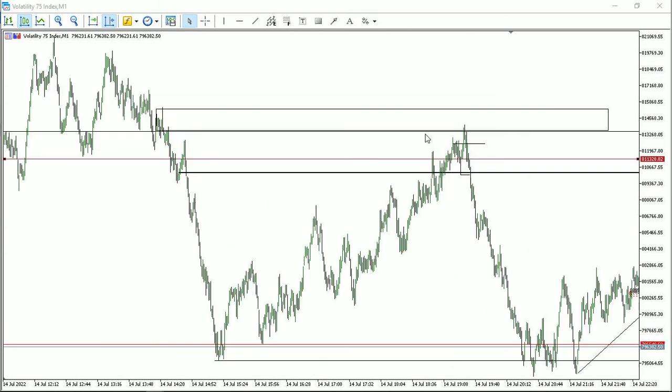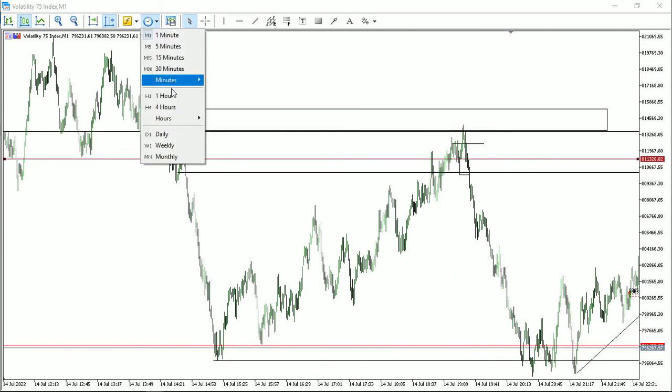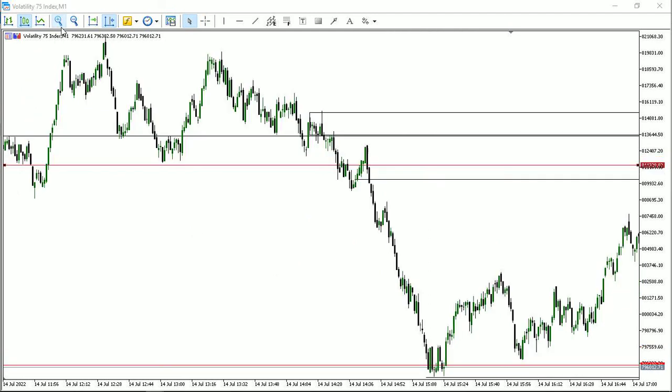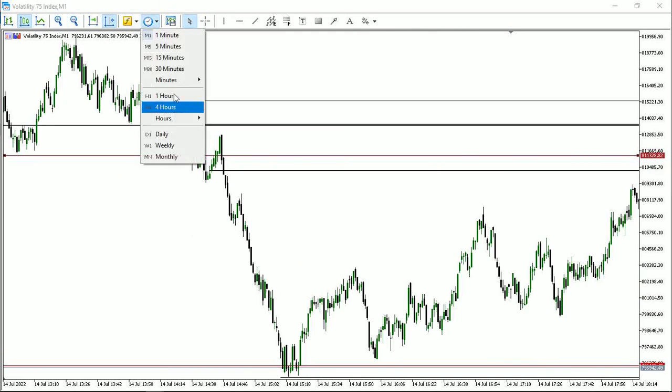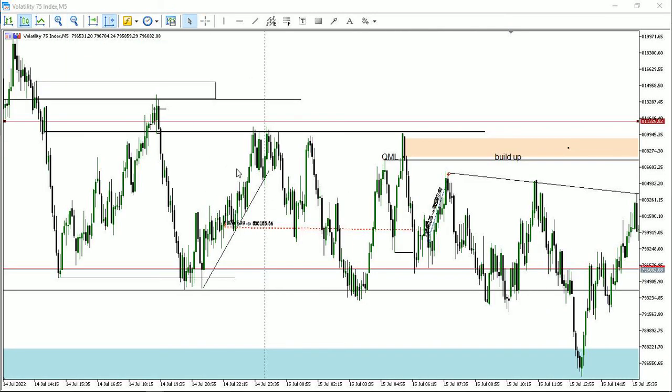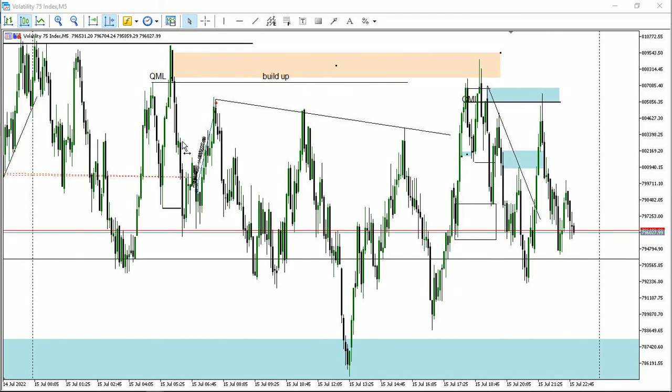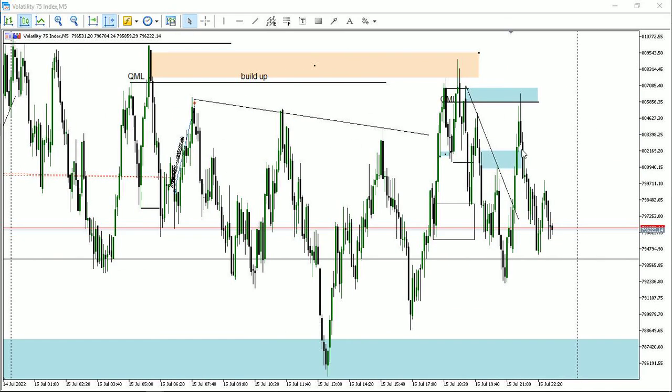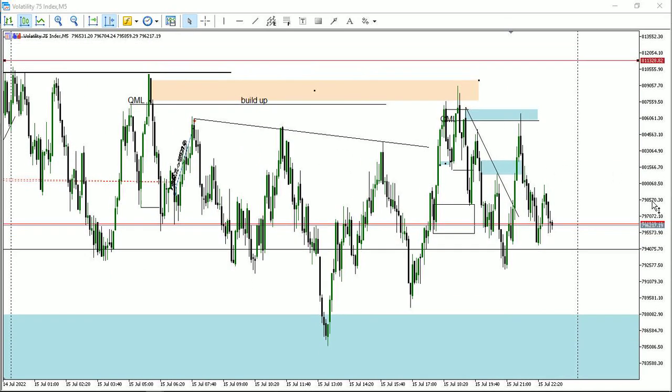I use it to confirm a trade. Anytime I see a QML pattern, I know that it's likely to hold. It's mostly used on lower time frames, and it gives a better risk reward ratio. You understand? It gives a clean setup right there.